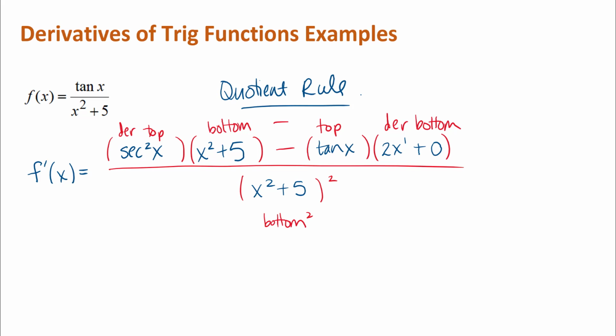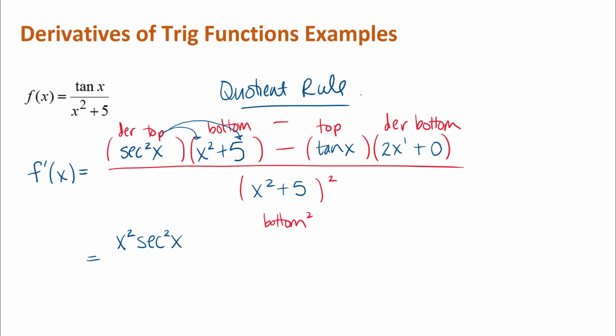Okay, so on the numerator here, I've got a secant squared of x, that's one term, times something that's two terms. So I could distribute through that secant squared of x, and when I do that, I'm going to have secant squared of x times x squared. I would probably write the x squared out front of the secant squared of x so that it's clear what the secant applies to.